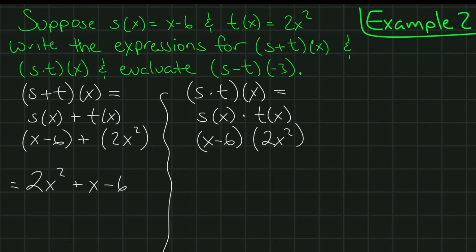We're going to distribute. I'll distribute the x to the 2x squared. When I multiply that together, I get 2x to the third. Then I distribute the negative 6 to the 2x squared. Negative 6 times 2 is negative 12x squared. And the problem solved.